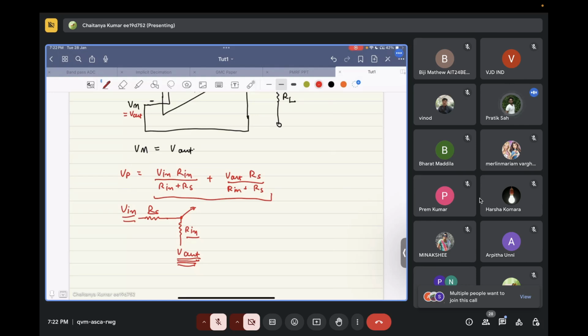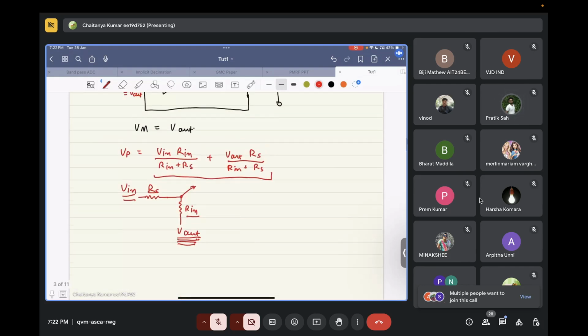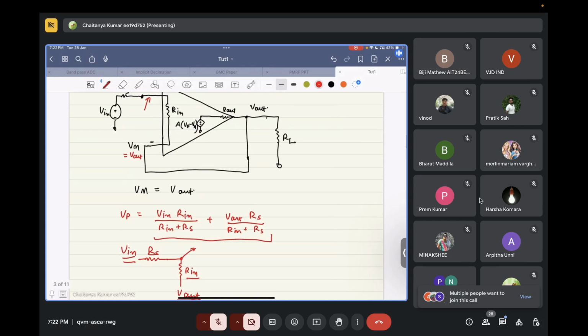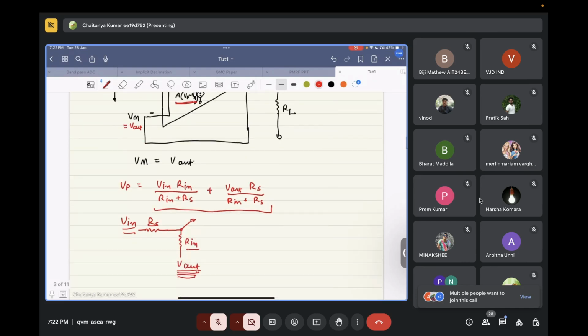Is this clear? Yes, sir. Okay. Now let's try to find out, we are given our gain. So this voltage will be A times (Vp minus Vn).